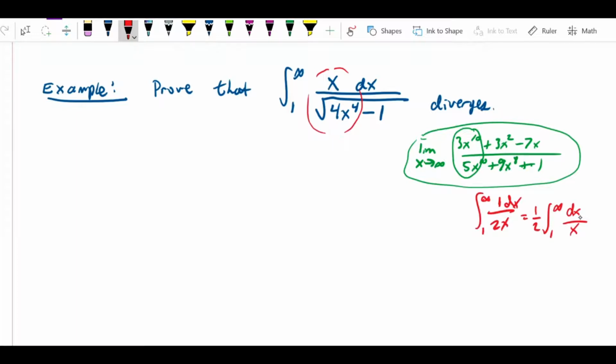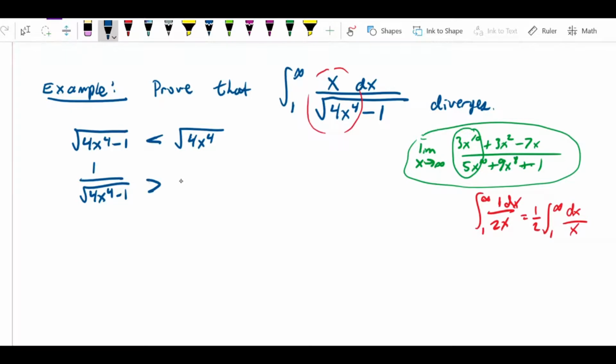So anyway, with all that said, here's how I'm going to set this up. I'm going to observe once again that the square root of 4x to the fourth minus 1 is certainly going to be less than the square root of 4x to the fourth. And therefore, 1 over the square root of 4x to the fourth minus 1 is greater than 1 over the square root of 4x to the fourth.